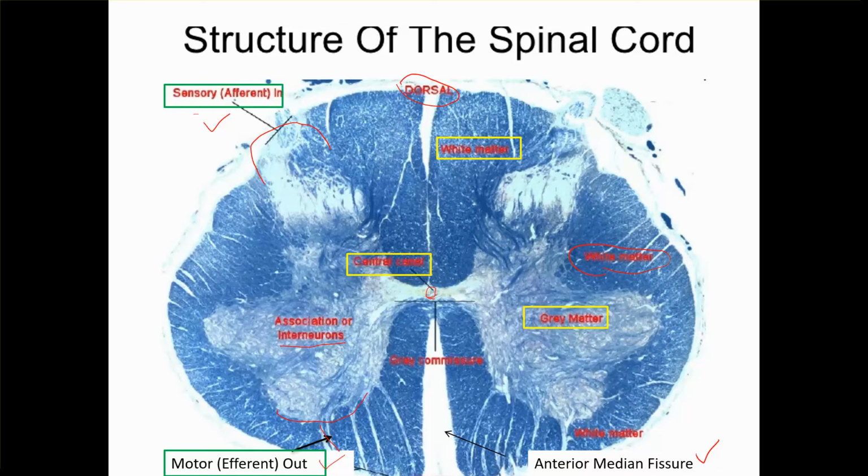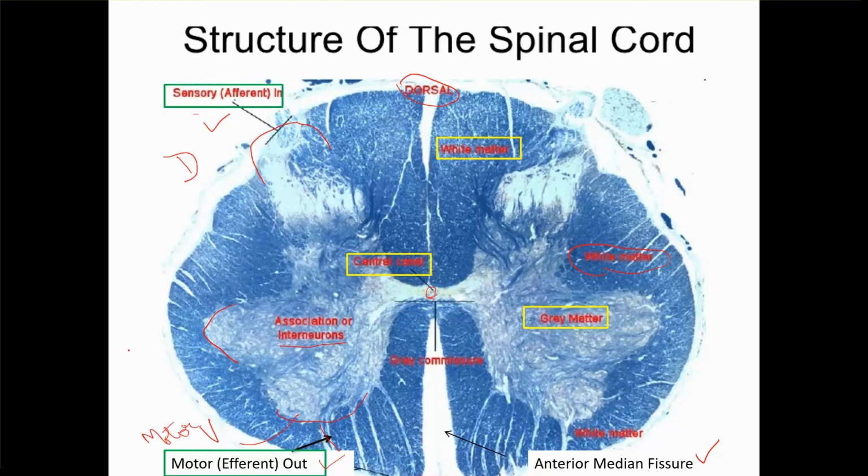Here also we can notice the lateral horn. So there are three horns here: the dorsal horn, which is sensory, then the ventral horn, which is motor. The lateral horn is only seen in the thoracolumbar region.